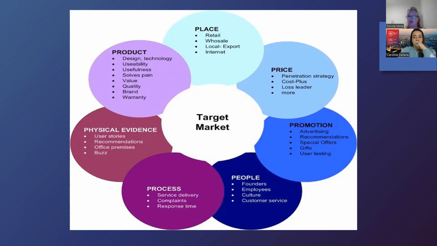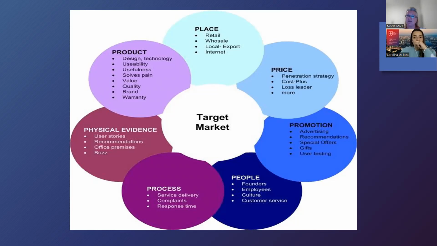We have to consider the process, right from getting the stock out to the customers and everything else that's involved. So service delivery, if someone needs a product fixed, do we fix it on time? If someone complains, how do we deal with complaints from customers? Do we just ignore them?